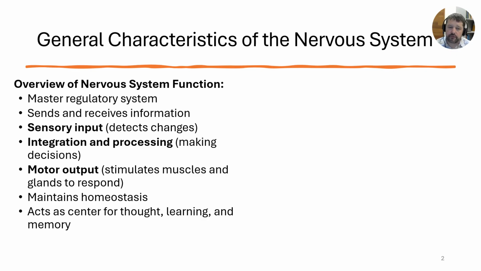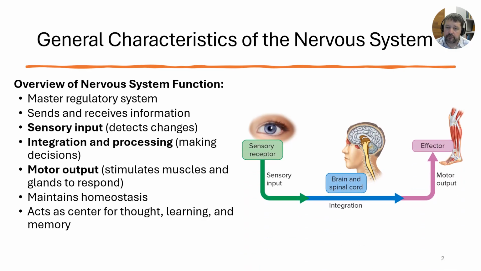And more so, what we often think about is that this is the process you're currently using to learn and memorize material, and to think about material in this class, all other classes, and just your daily life. So you have a receptor that's going to send a signal.